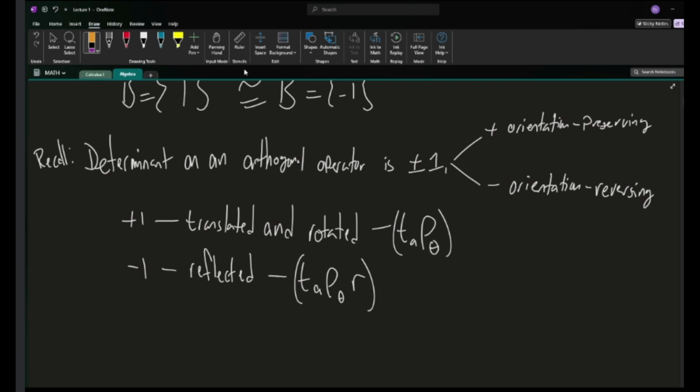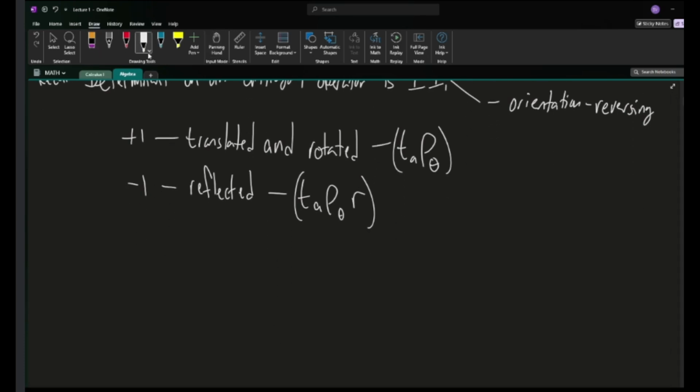So if we recall, congruency is the same exact shape, angles, and length.